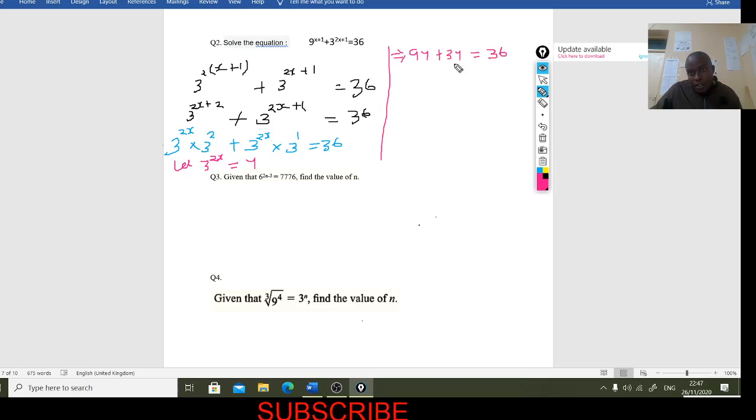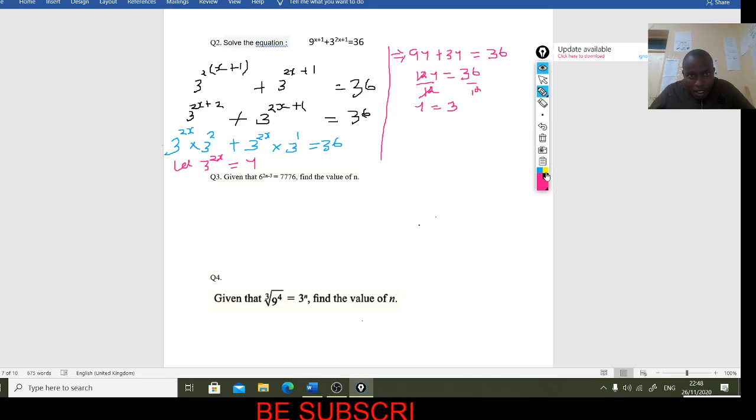So 9 plus 3 gives you 12y. 12y equals 36. Now I divide by 12. So 12 and 12, so that means my y equals 36 divided by 12, which is 3. So y is 3.